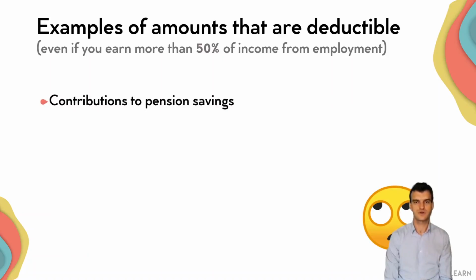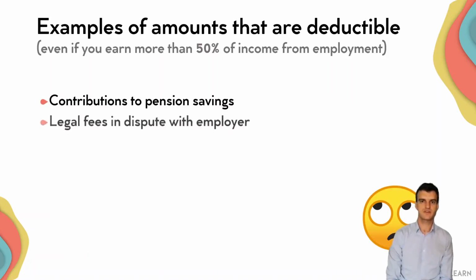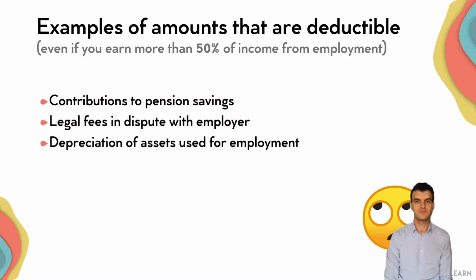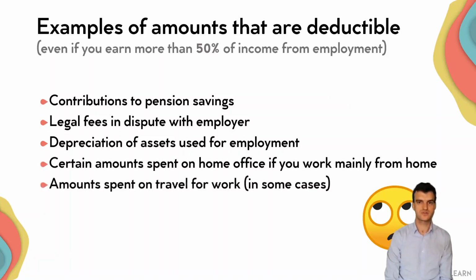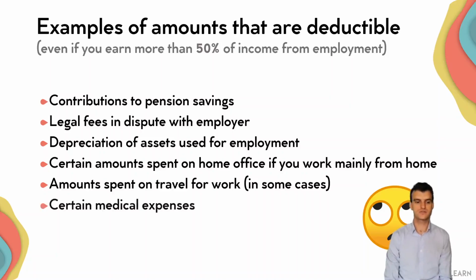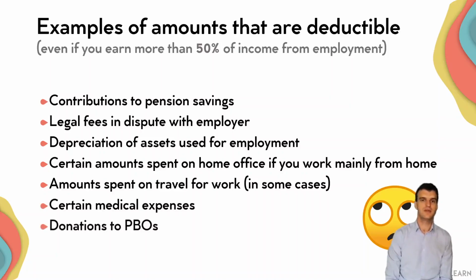Some examples are contributions to your pension savings, amounts spent on legal fees in disputes with your employer, depreciation of assets for employment, amounts spent on home offices in certain instances, and likewise amounts spent on work travel only in certain circumstances, medical expenses, and donations to public benefit organizations.